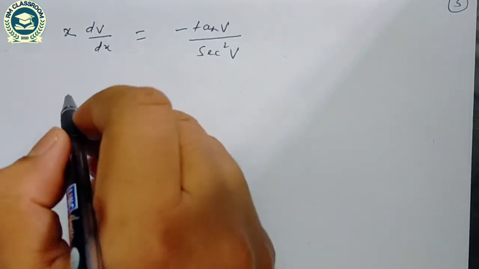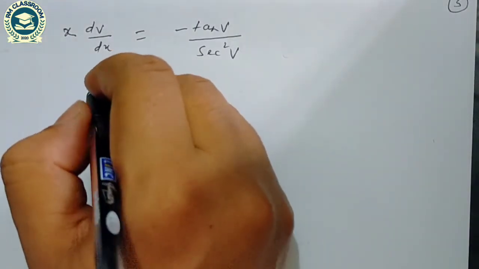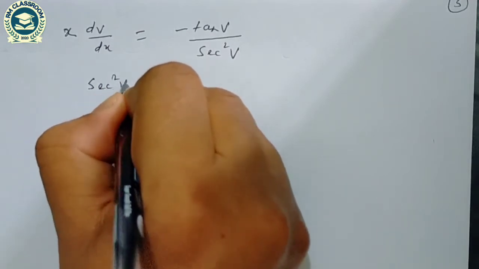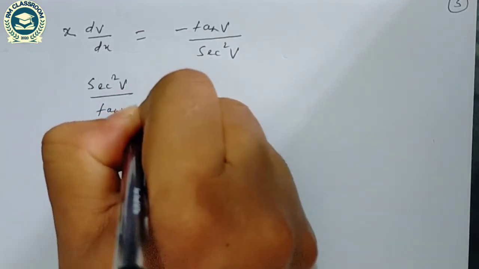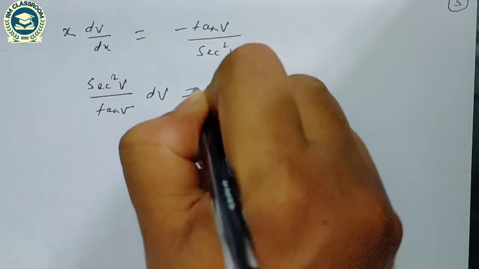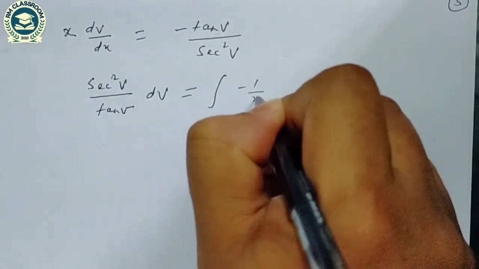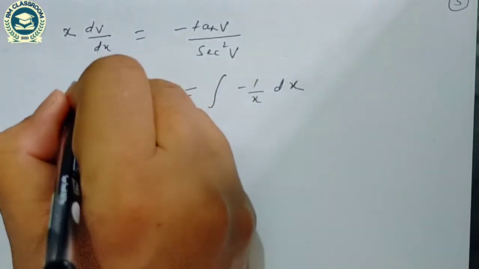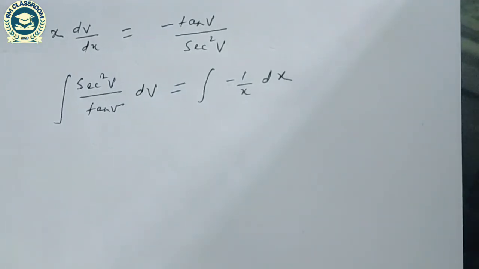So sec square v divided by tan v into dv is equal to minus 1 by x into dx, and integrate on both sides.